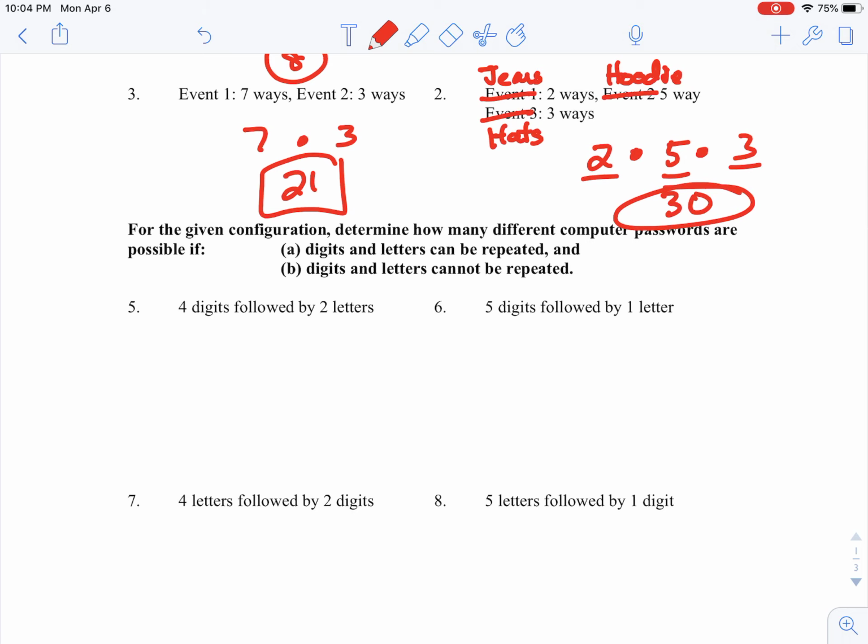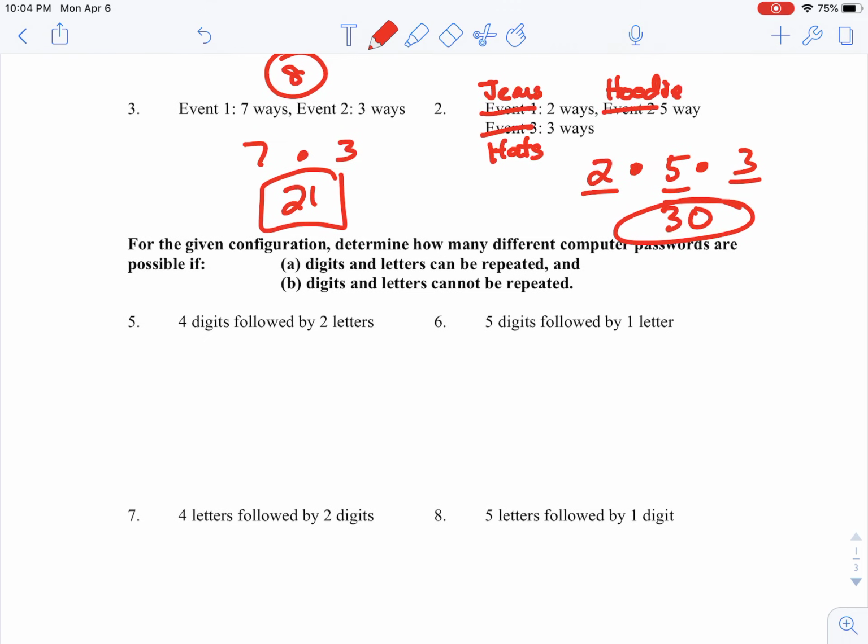Okay, so every time you do these problems, you're going to do it twice. Okay, all right, so now this example, number 5 says 4 digits followed by 2 letters. Okay, so digits are 0 through 9, so that's 10 numbers. Okay, and letters, there's 26 letters in the alphabet. Okay, so you're always dealing with 10 and 26. Those are the 2 numbers.